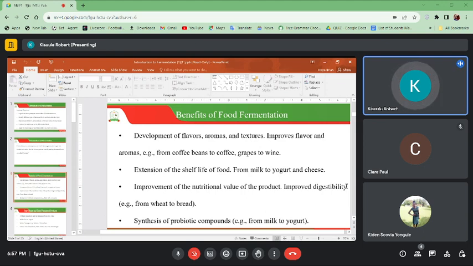So when they act onto those substances, for example the wheat substance, also the gluten in there, these are broken down into more digestible foods of nutritional value when consumed by a human. So those are the roles of fermentation. Also, synthesis of probiotic compounds, for example from milk to yogurt.